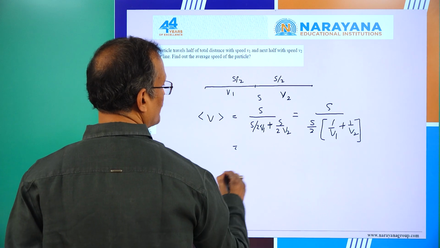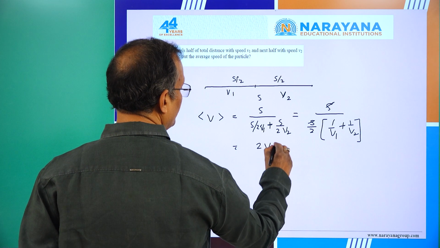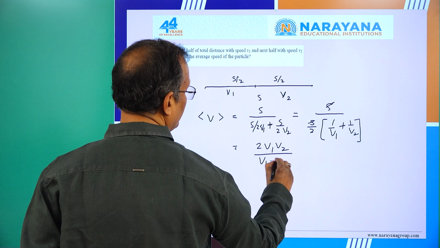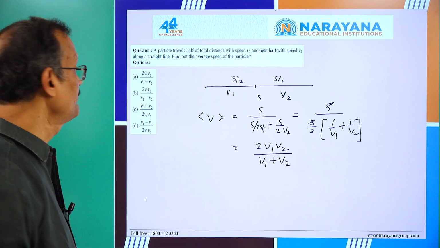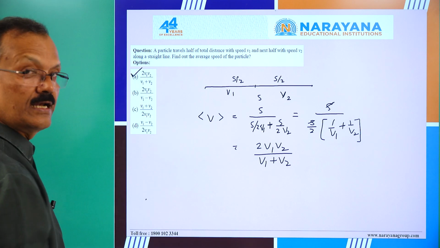So S will be cancelled. It will be 2V1V2 and here it will be V1 plus V2. 2V1V2 by V1 plus V2. Your answer is A. Clear to you?